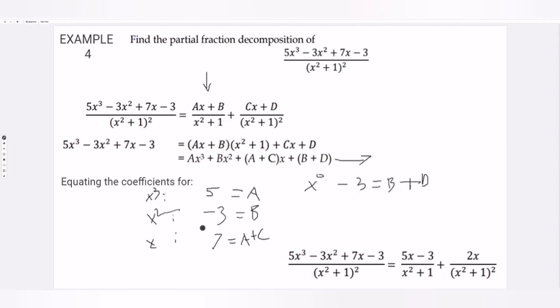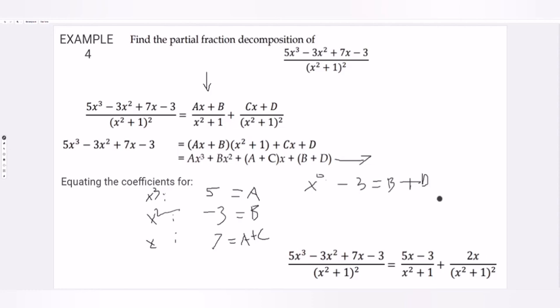So again, we already solved for the values of a and b. a is 5, b is -3. So just substitute a in here, and you could get the value for c, and then substitute b in here, and you will get the value of d.